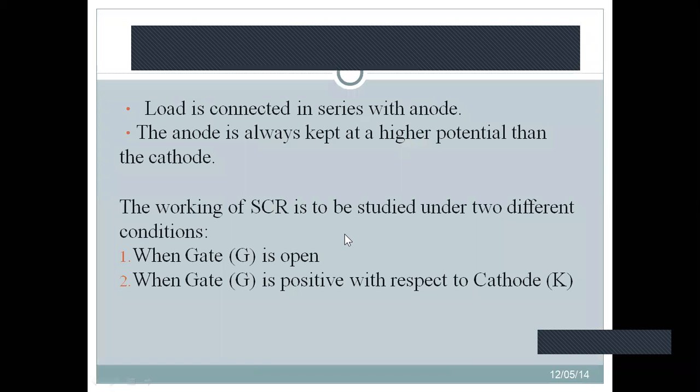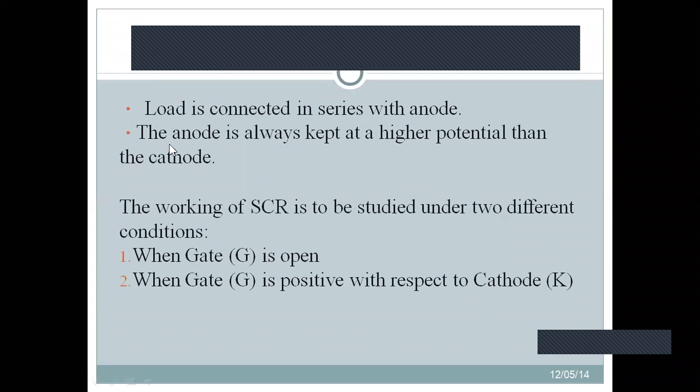But before how the applications can be used, let us go for the working principle of SCR. Okay, so if you look at the previous figure of SCR here, how this can be constructed, how this can be made to work, it completely depends on the gate terminal. Now you can see the load is connected in series with the anode.